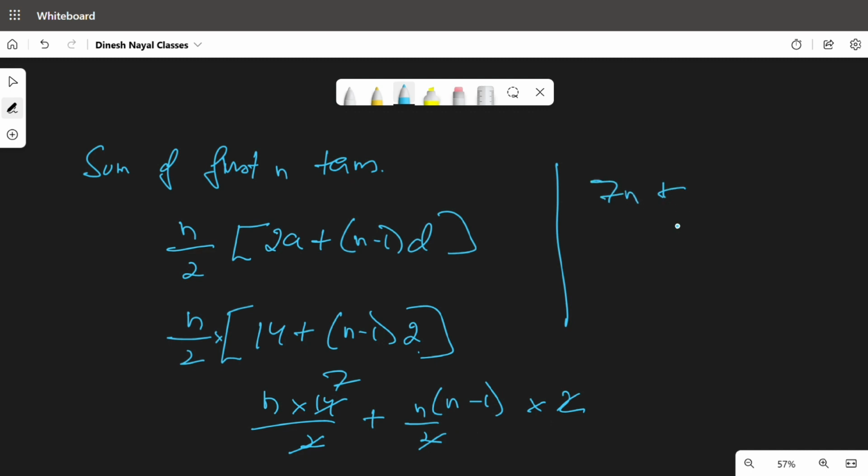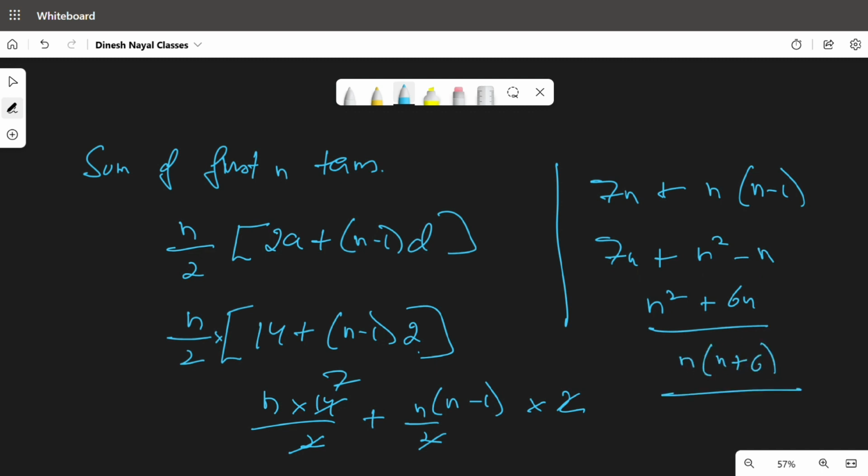So this is 7n plus n into (n minus 1), that is 7n plus n square minus n. Now 7n minus n is 6n, so we get n square plus 6n. From here you can take n common, so this will be n times (n plus 6).